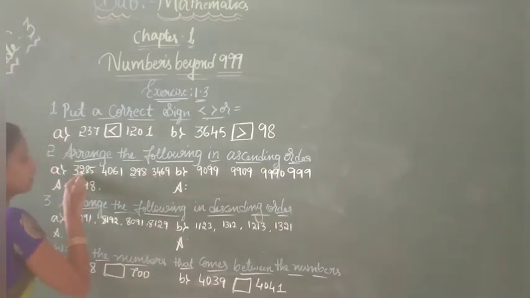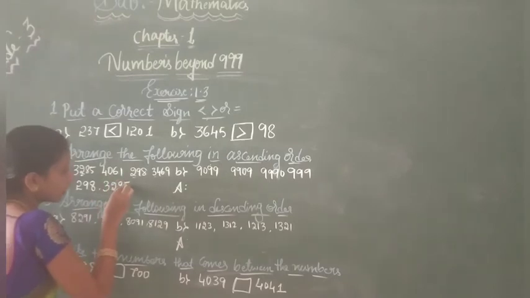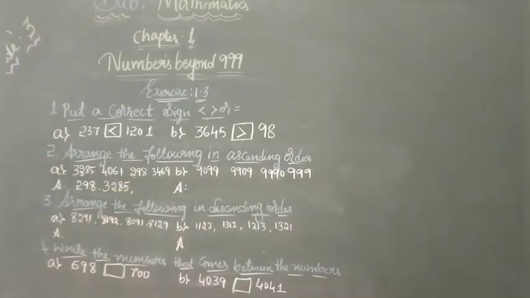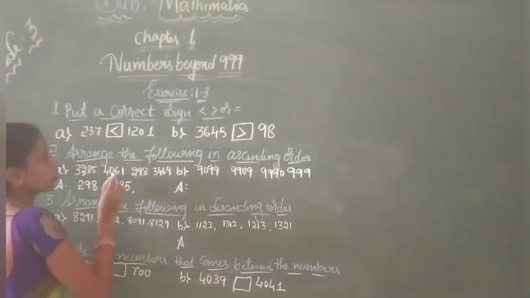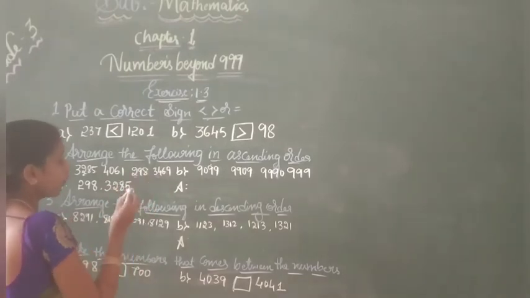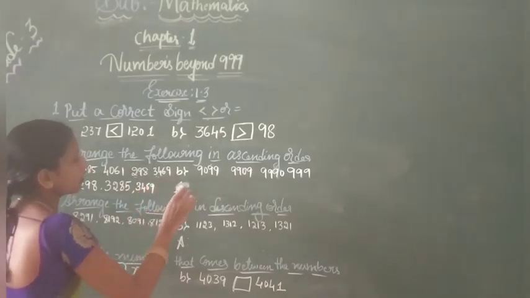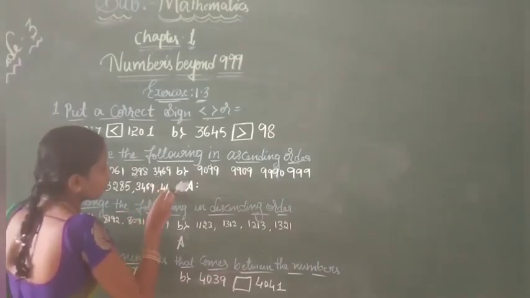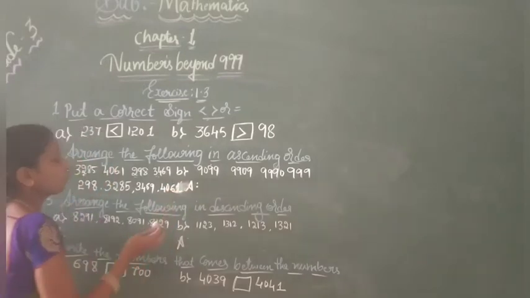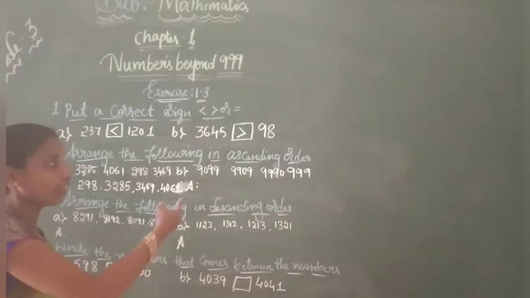So you should write this one first. 3285. Is it clear? Next, you have to write 3469. Is it clear? Next, your 4061. Understand?